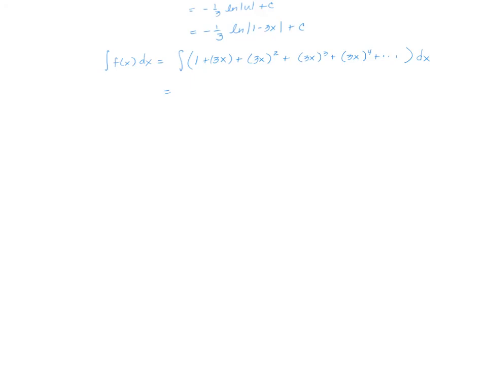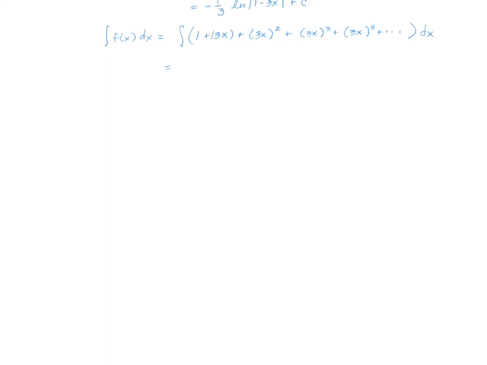And when I integrate, the integral of 1 is simply x plus, integrating 3x becomes 3x squared over 2. Integrating 3x quantity squared. Remember, this is 3 squared times x squared. So the 3 squared is a constant, it stays. I'm just going to write 3 squared. The x squared is going to be x to the third over 3.